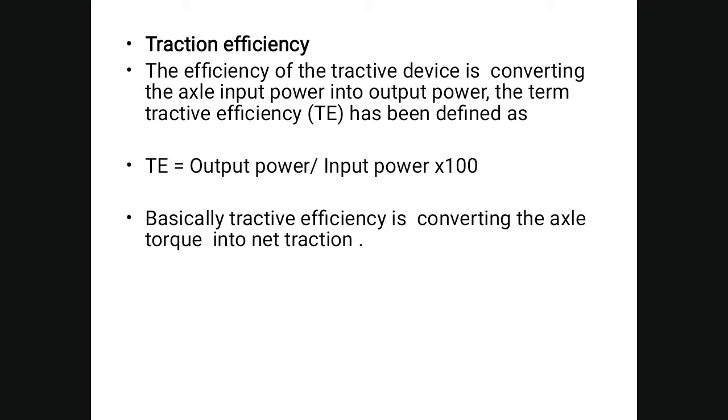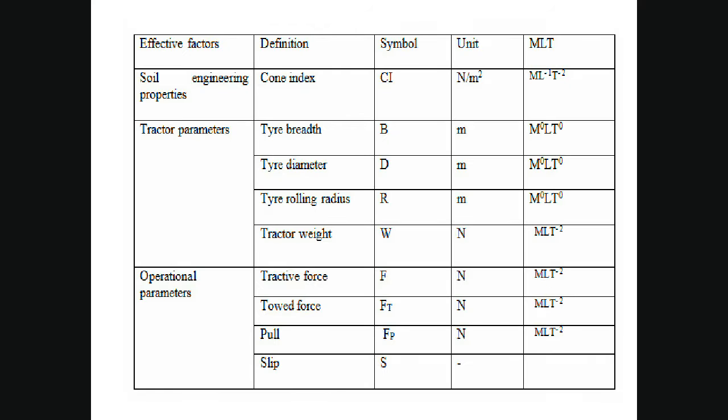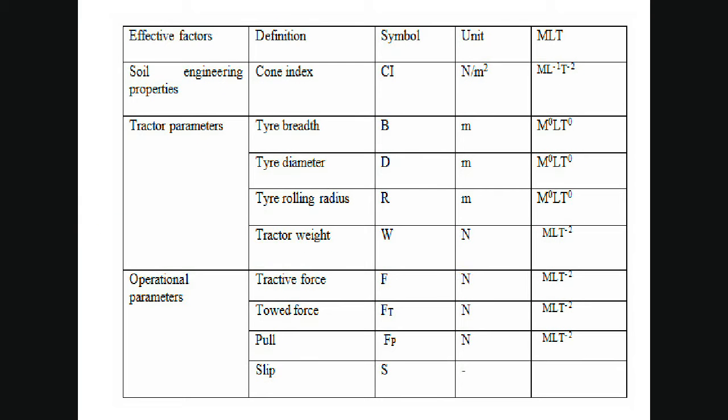Now the traction efficiency is the efficiency of the tractive device in converting the axle input power into output power. Tractive efficiency is defined as output power upon input power into 100, and basically it is converting the axle torque into net traction. Now these are the effective factors and definitions.